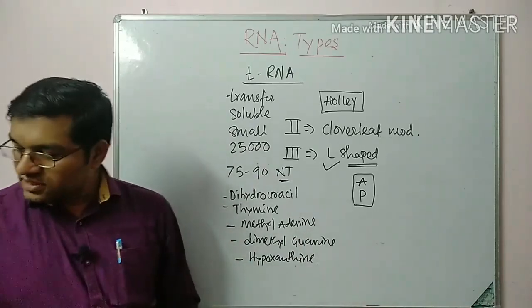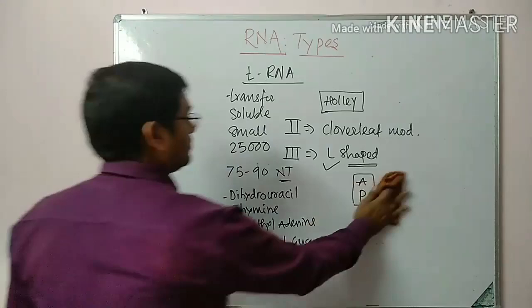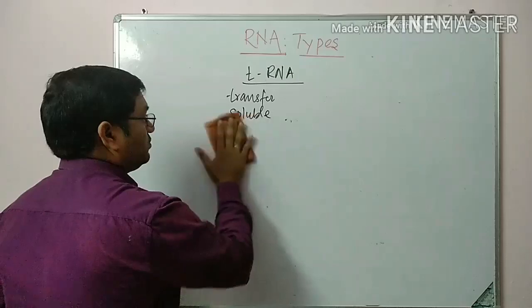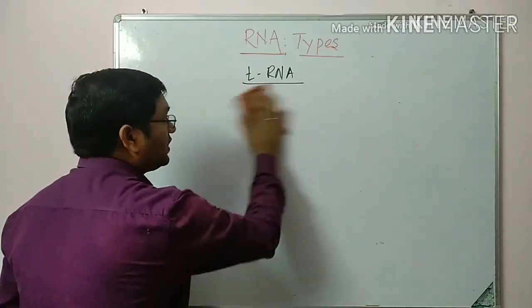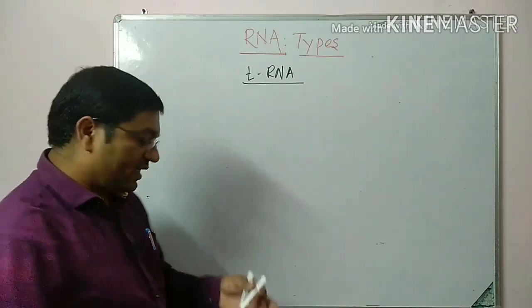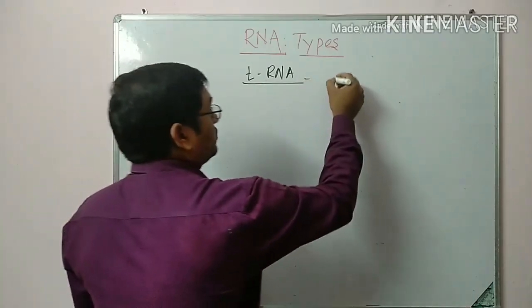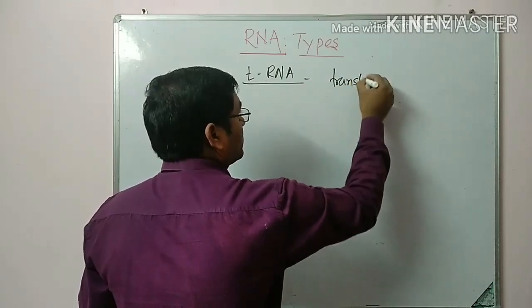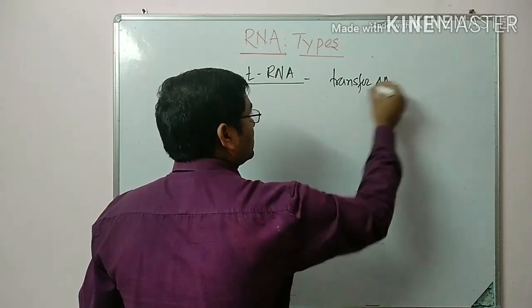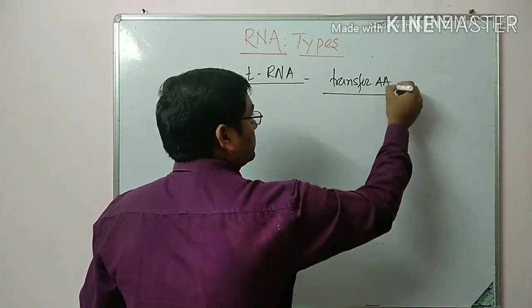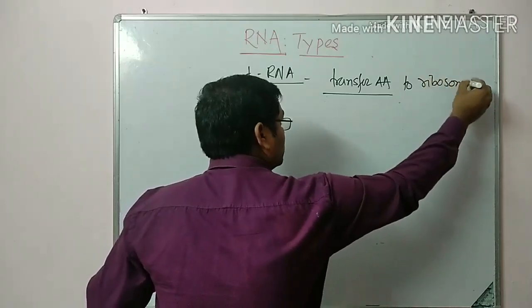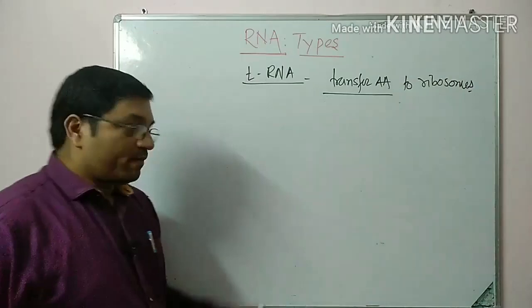Now we will discuss the structure of tRNA. The important function of tRNA is to transport or transfer amino acid to the ribosomes.